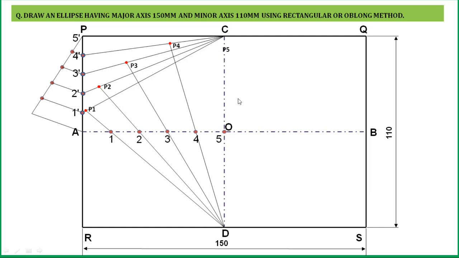Now divide this AR line into the same number of equal parts, that is 5. You can directly take the distance between A and 1 dash in the compass and mark this point over the line AR. Now similar to the upper portion, join all these points with the point D here.